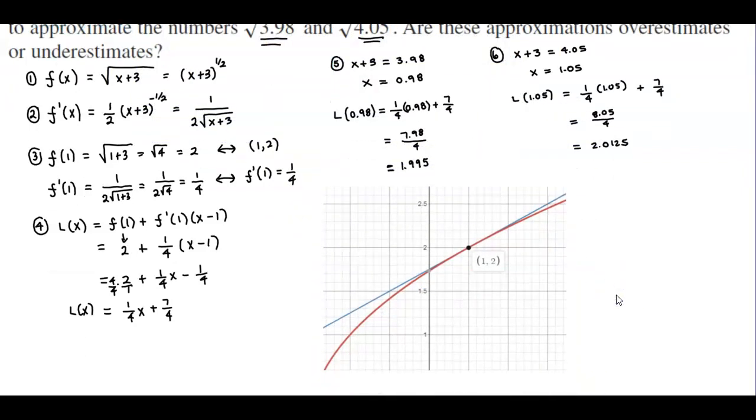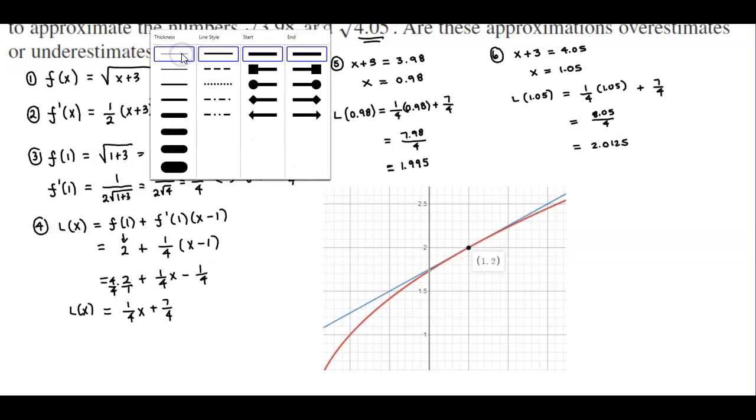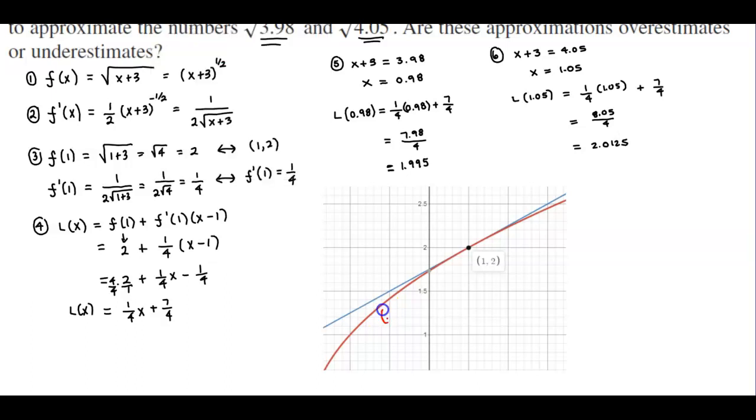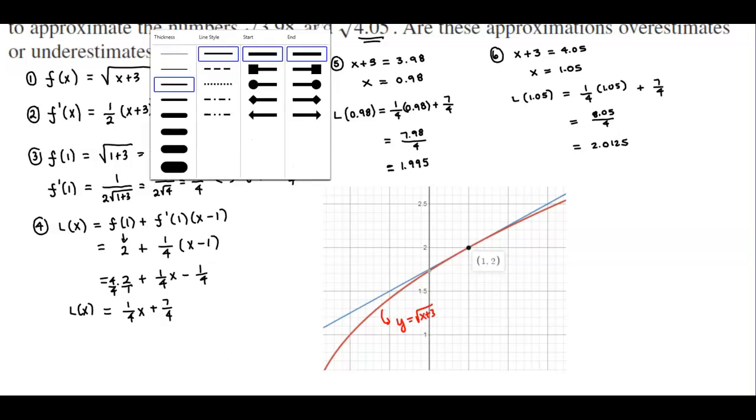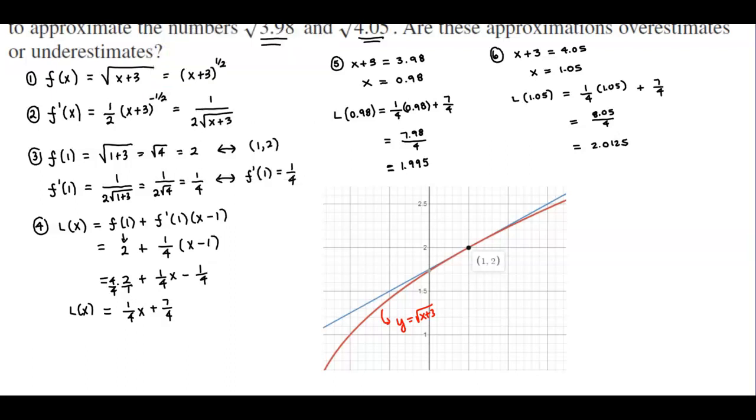So we know the red represents y, which is equal to the square root of x plus 3. And we know that the blue represents the function L of x, which is equal to 1/4 x plus 7/4.